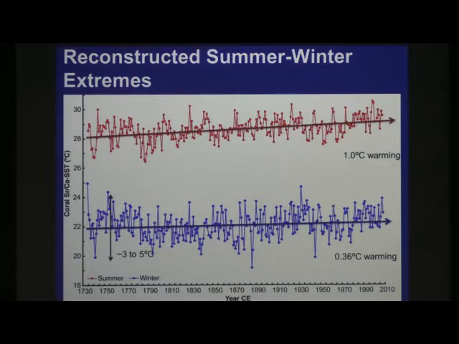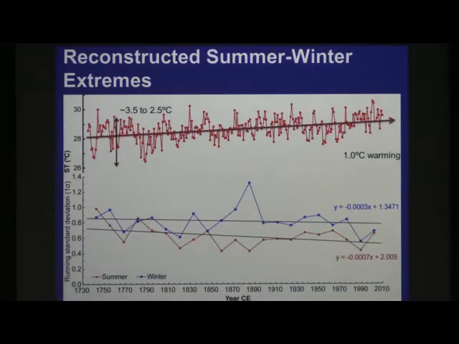The other thing we see is the variability tends to be stronger in the winter versus the summer. In the winter, it's about 3 to 5 degrees Celsius, and in the summer, it's about 3.5 to 2.5 degrees Celsius variability. This is just eyeballing the two. We can look at this another way. What I've done here is plot a running standard deviation for the two records.